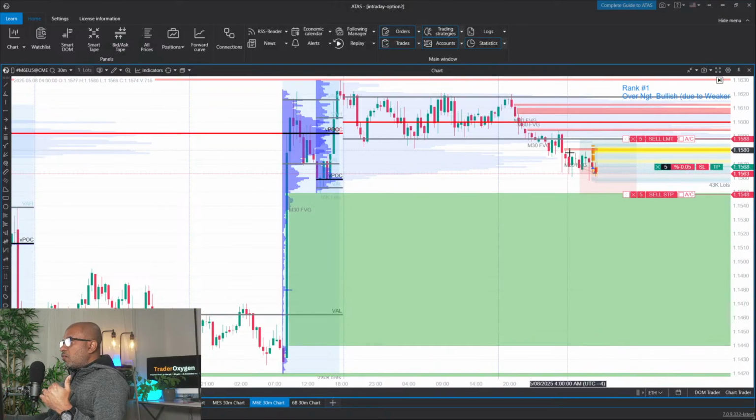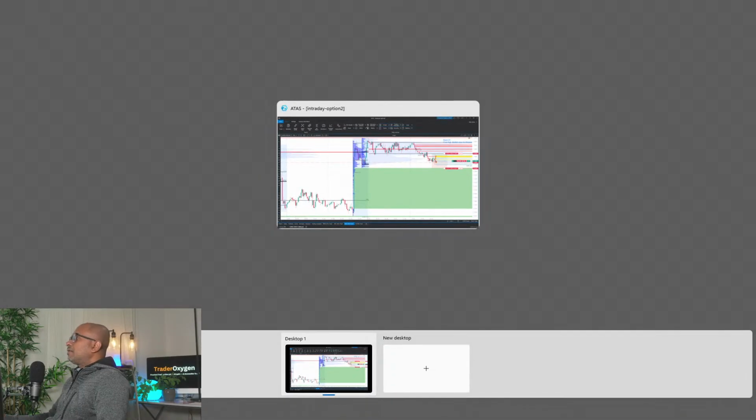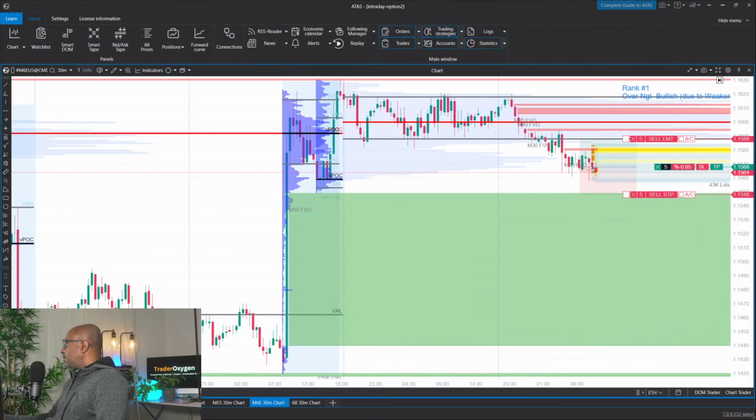As you can see, the price is now below our entry price. So at this moment we have a negative value in the trade because the price is below the entry. Okay, let me bring a few things, since this is a live stream.